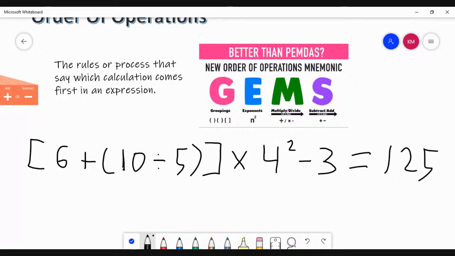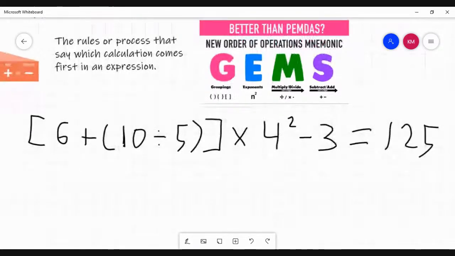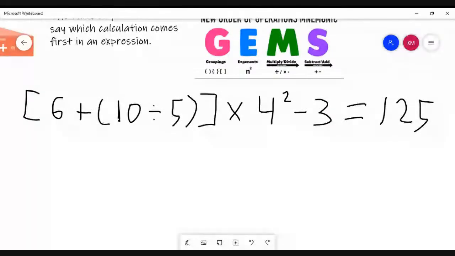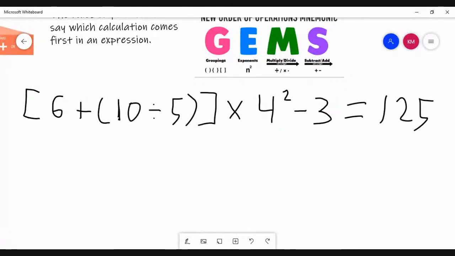First up, we are going to do parentheses. So now, how do we do parentheses within a parentheses? Well, you start from the inside and work your way out.